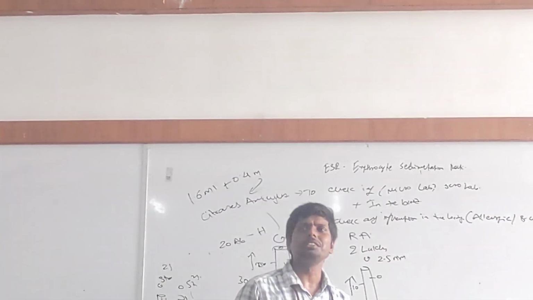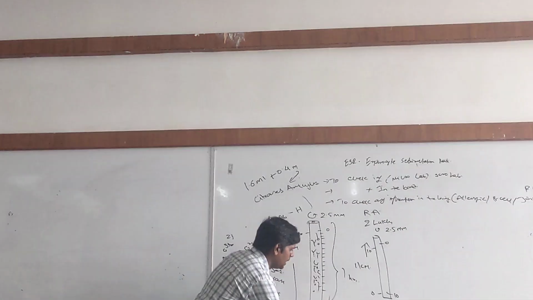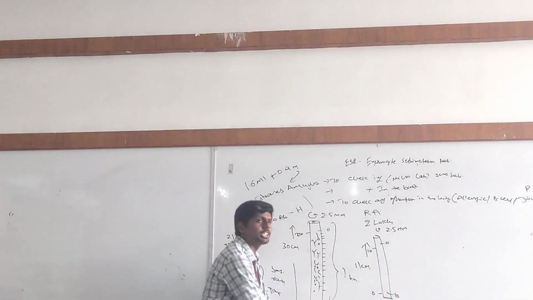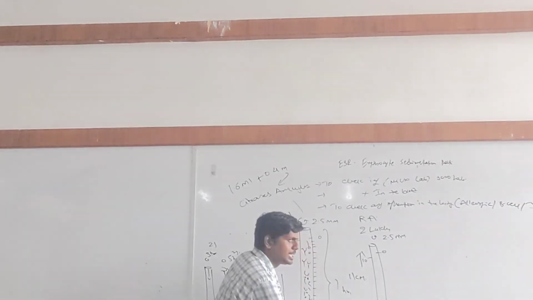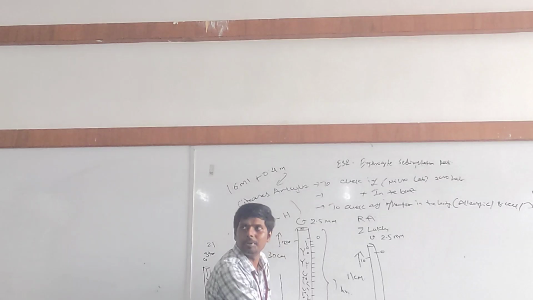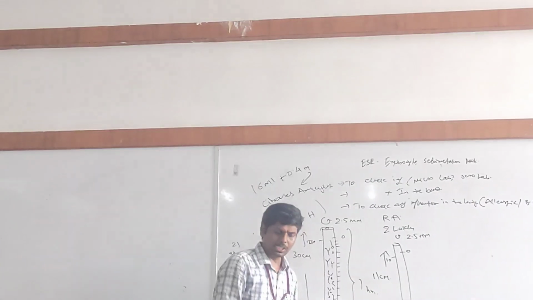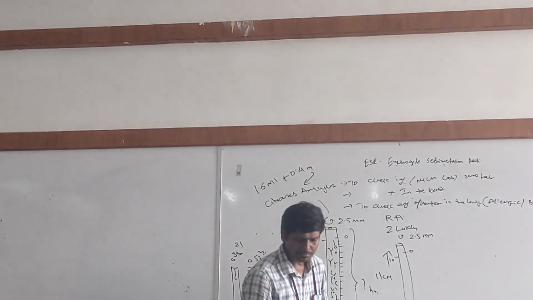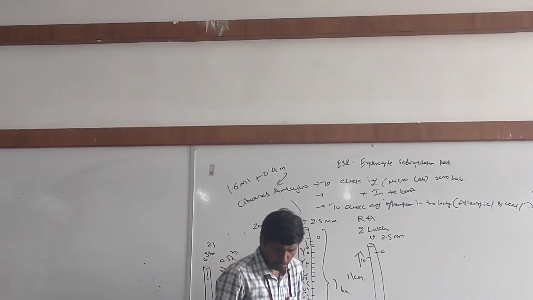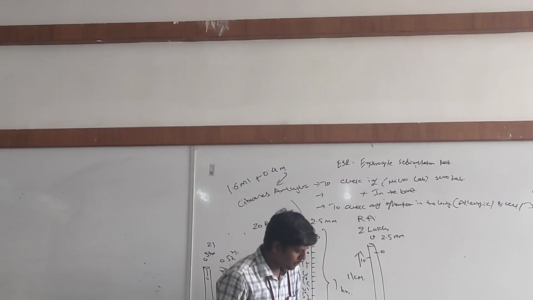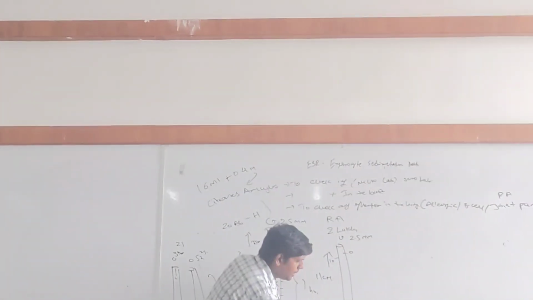Then let us see the results interpretation. The normal ESR value in Westergren's, write down. This is males and this is females. Males in Westergren's, the normal value is 0 to 7 mm per hour.